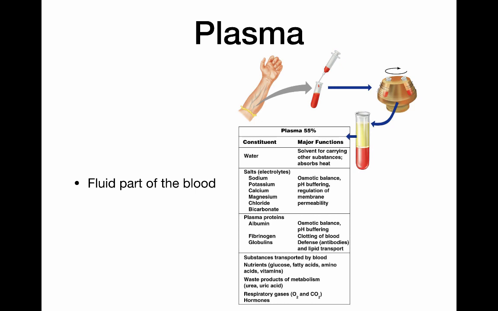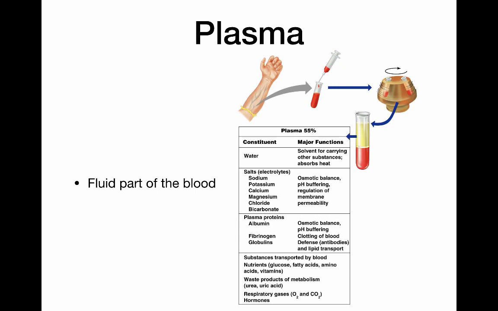We have calcium, magnesium, chloride, and bicarbonate, all of which are important for many things, like membrane permeability, also muscle functions and all sorts of things. And bicarbonate also helps with the pH.